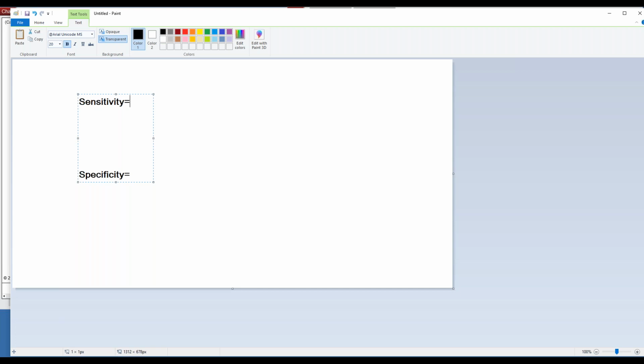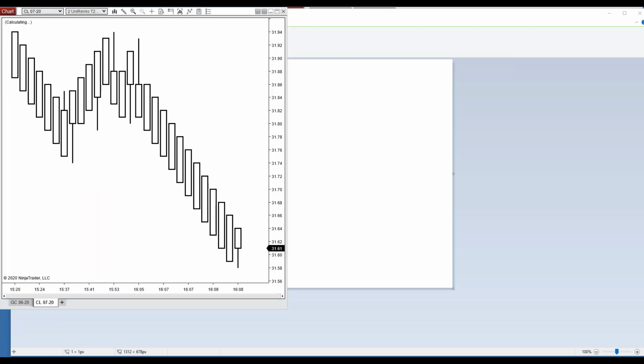Now, if you trade with sensitivity, your goal is to capture every true positive. And what is a true positive? A true positive is a winner. That is what you're in the market to do. And every day, you're going to look for every single entry that has the potential to make money.